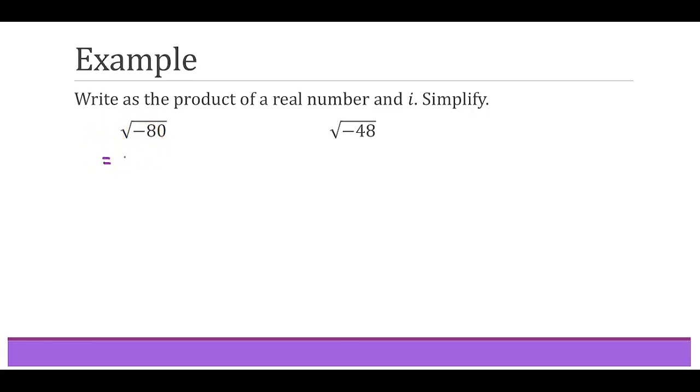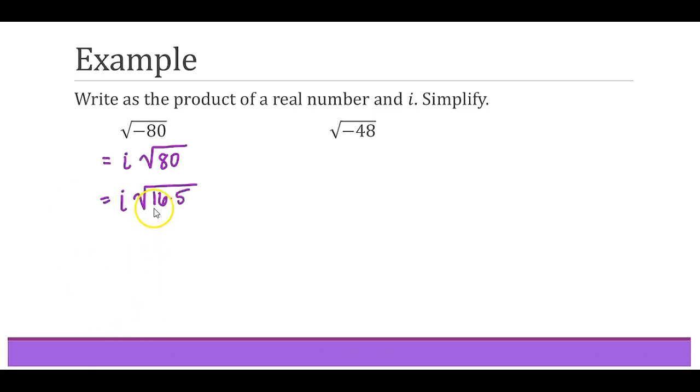So I have i times the square root of 80, and from here we're going to simplify the square root of 80. So we're looking for the biggest perfect square that divides 80. So in other words, this is i, and then I have 16 times 5.